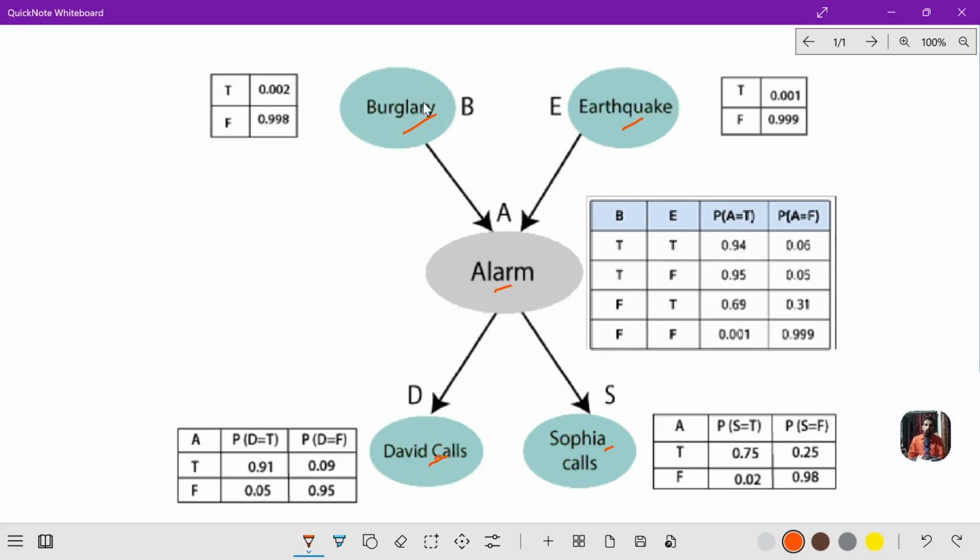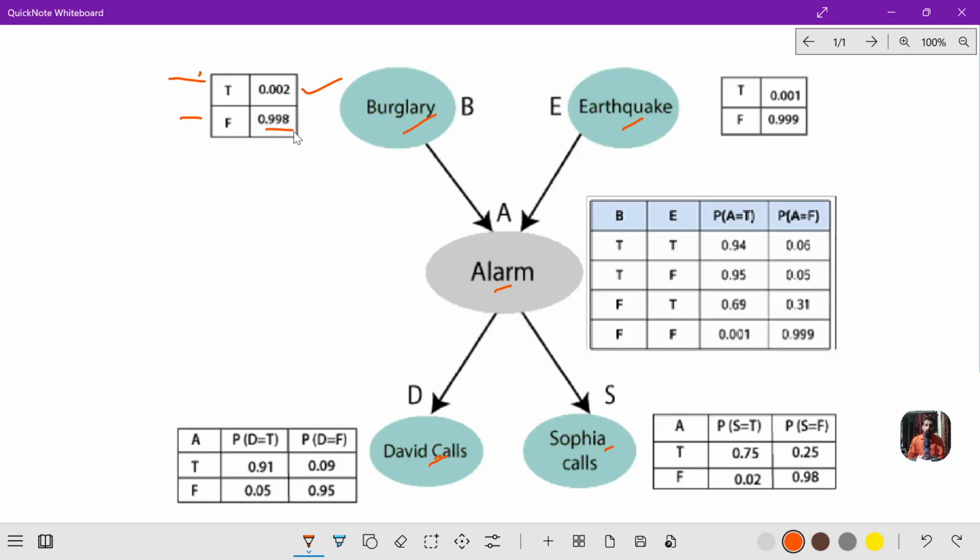Hence this is called a root node. When B is equal to true, meaning burglary has occurred, we have 0.002, indicating that burglary is a rare event. But when B is equal to false, the probability is 0.998.